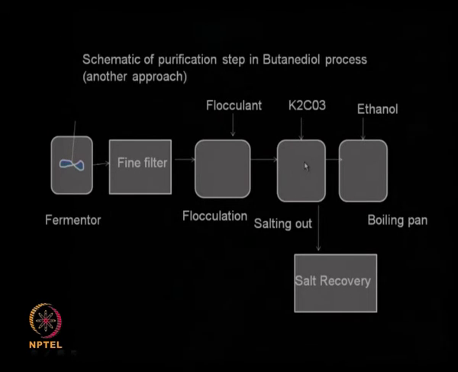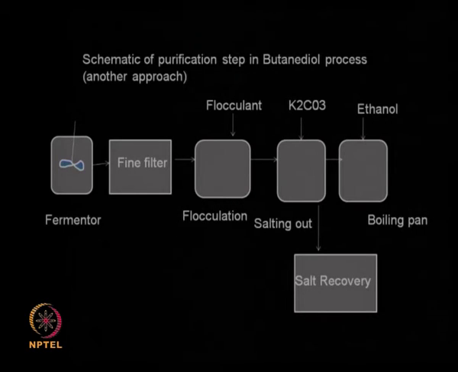Because of the difference in the solubility, butanediol settles out, and then we can take out my product here. So, two different approaches, one is based on extraction, another is based on salting out, which I showed you.